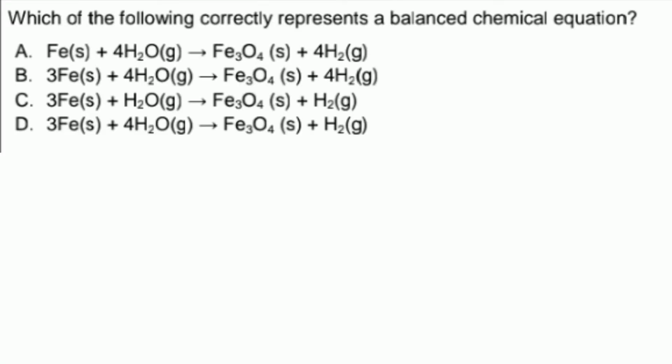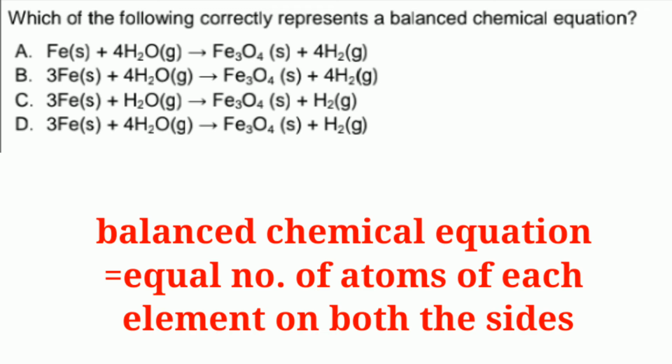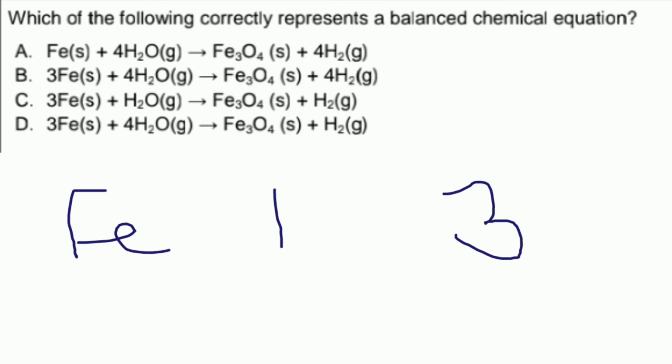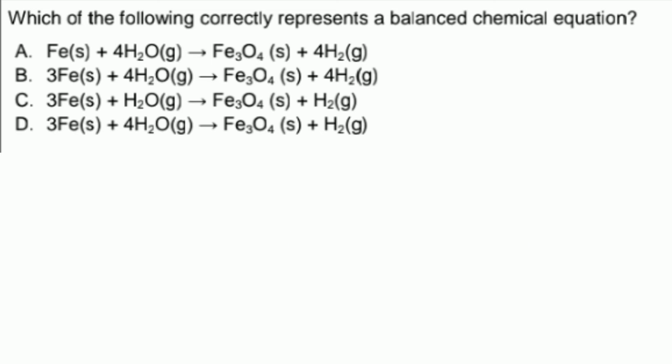Now question number 4 is, which of the following correctly represents a balanced chemical equation? We know a balanced chemical equation is one which contains an equal number of atoms of all elements in reactants and products. We can see in the first option, the number of atoms of iron is 1 on the left hand side, but the number of atoms of iron is 3 on the right hand side, which means this equation is not balanced.